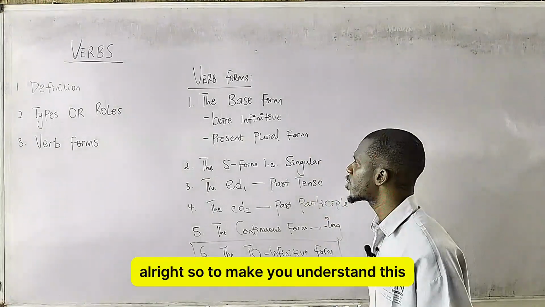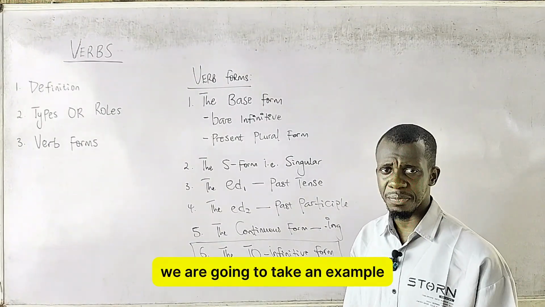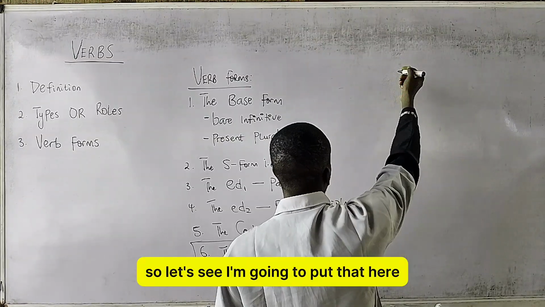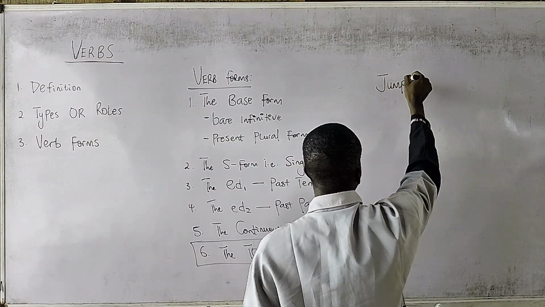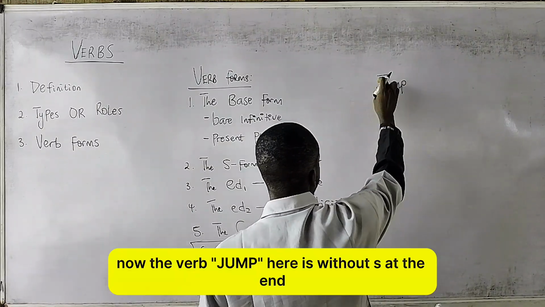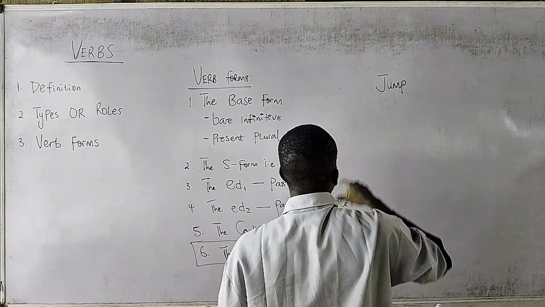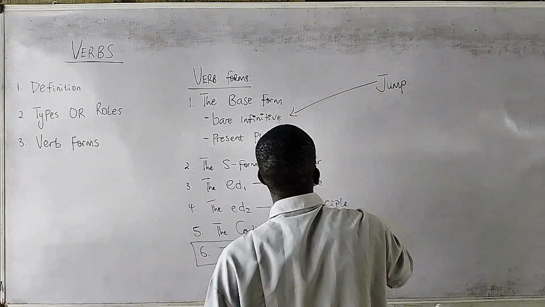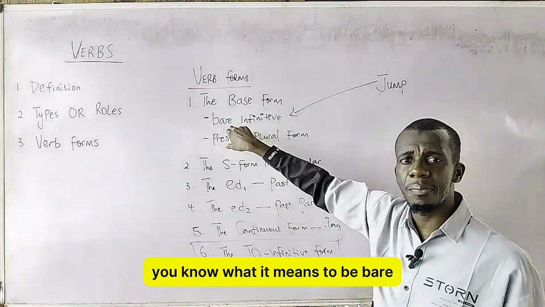So to make you understand this, we are going to take an example. Let's take a verb like jump. Now the verb jump here is without S at the end. So it belongs to what we call the base form, and it is also called bare infinitive. You know what it means to be bare?